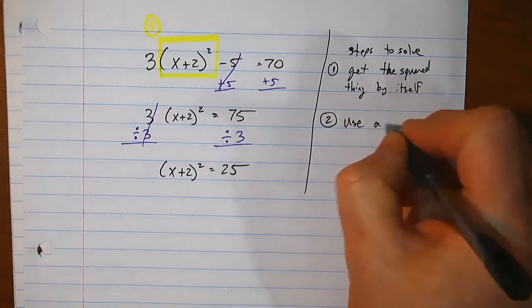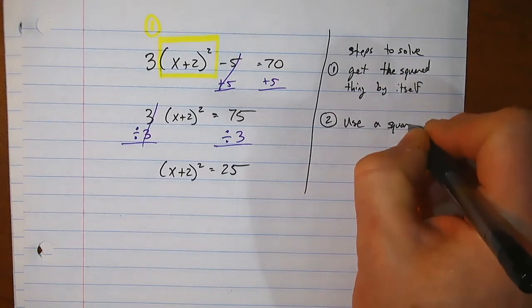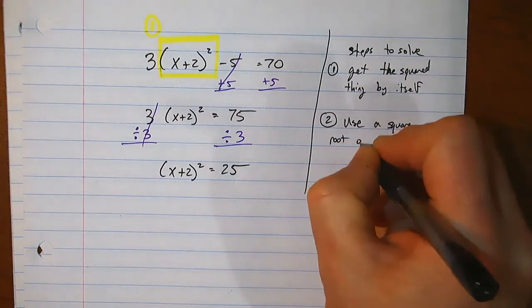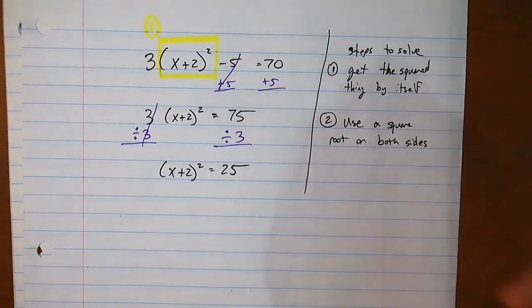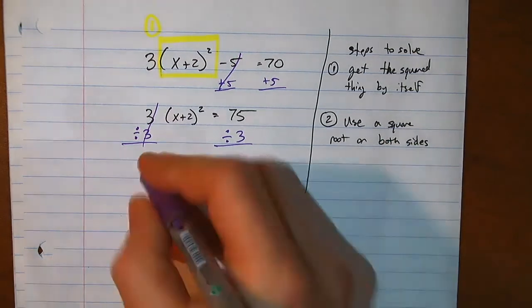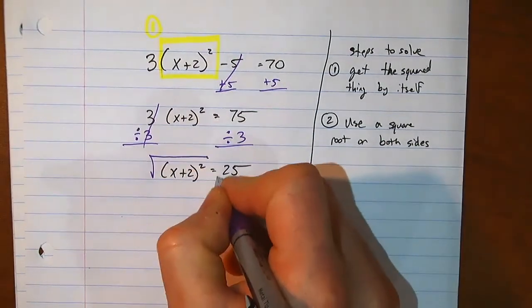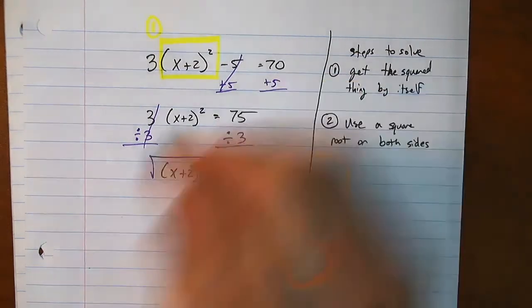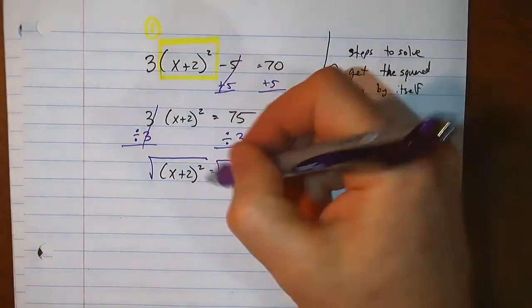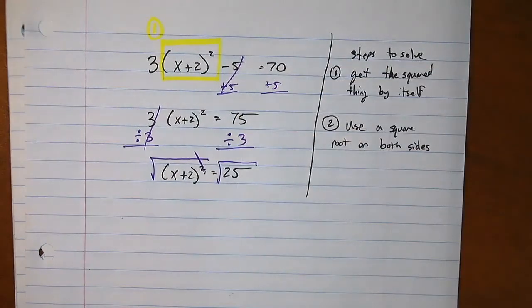So use a square root on both sides to cancel out the square. Okay, because remember, anything you do to one side, you have to do to the other. So I'm going to take the square root of both sides. Okay, so when I take the square root of both sides, the square and the square root cancel each other out just like before.